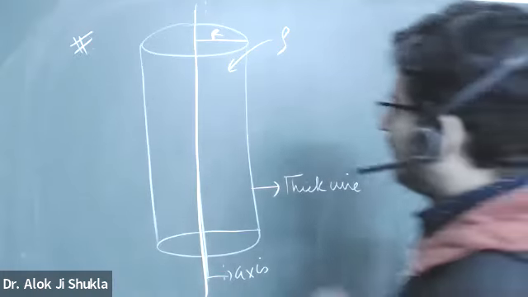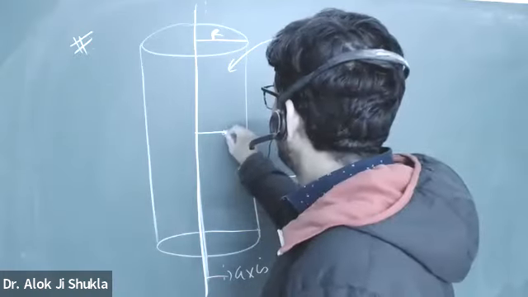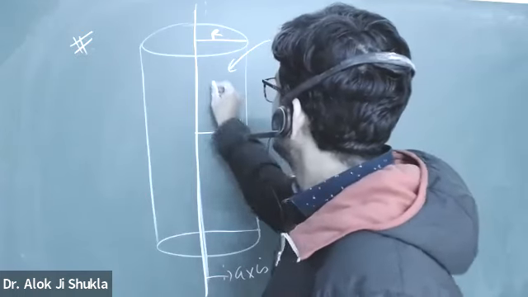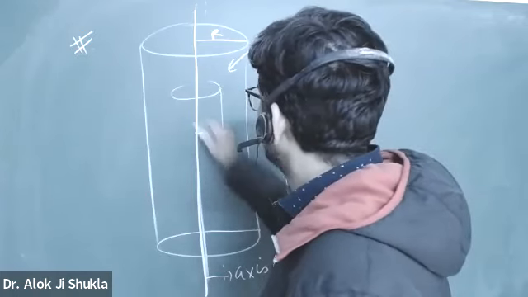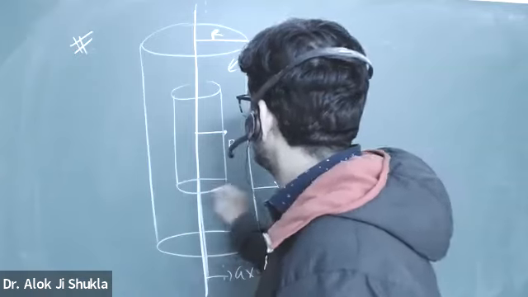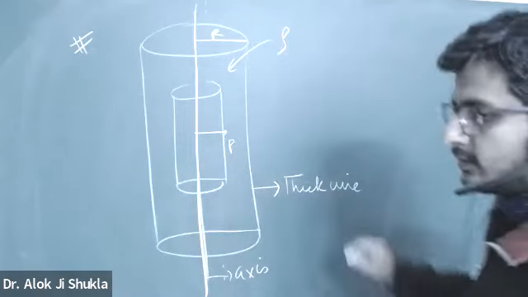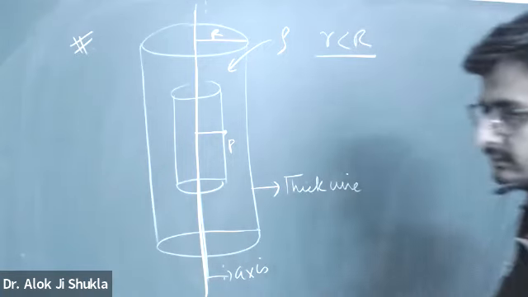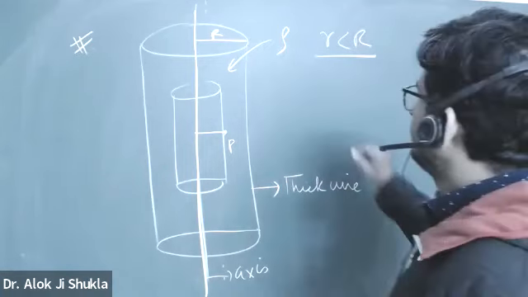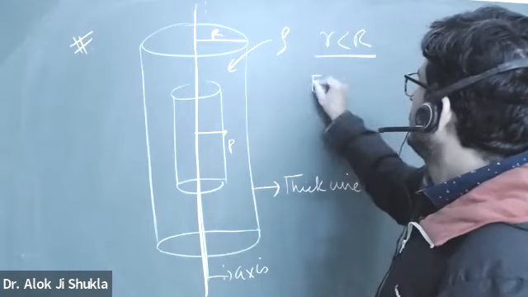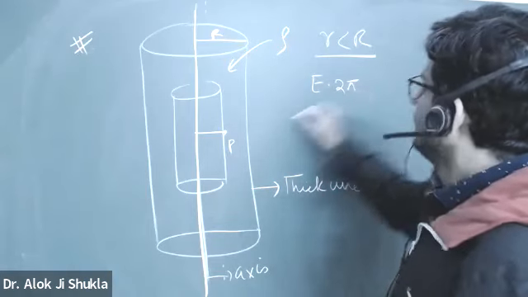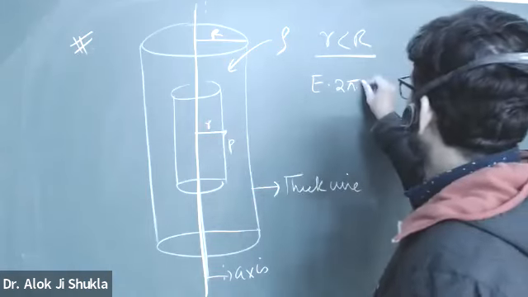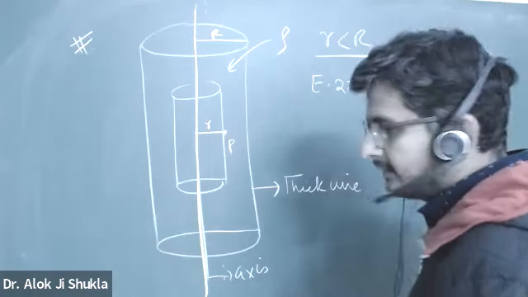Now, if you want to calculate the electric field inside, just draw a Gaussian surface passing through this point. So I will write r less than R. E into 2 pi r L will be equal to the charge contained in it.